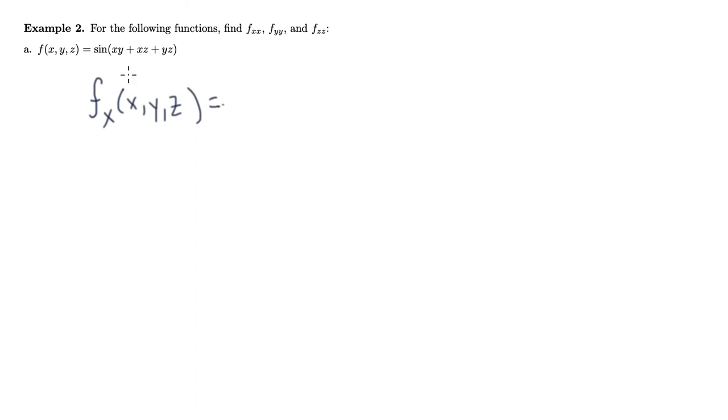Well, this function is just sine of some stuff. So the derivative is going to be cosine of that same stuff. And then I'm going to multiply by the derivative of what was inside with respect to x.